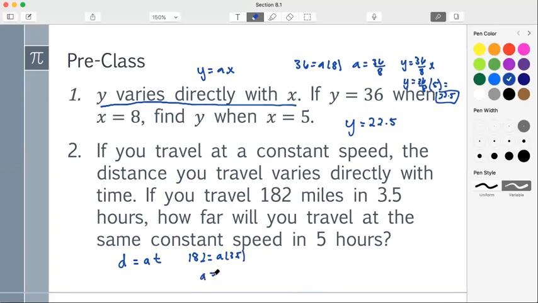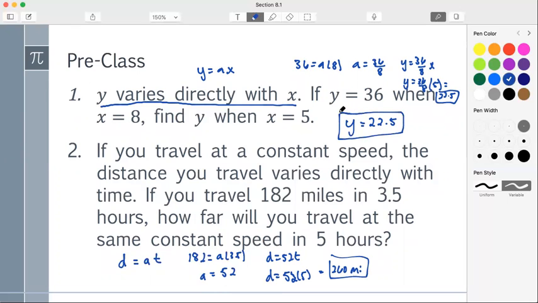We divide, so we get a equals 182 divided by 3.5, and I get 52. So we have d equals 52t, so we have d equals 52 times 5, and that is where we get 260. So your answer for that one should have been 260 miles. All right, so let's make sure you have both of those answers for your pre-classes.